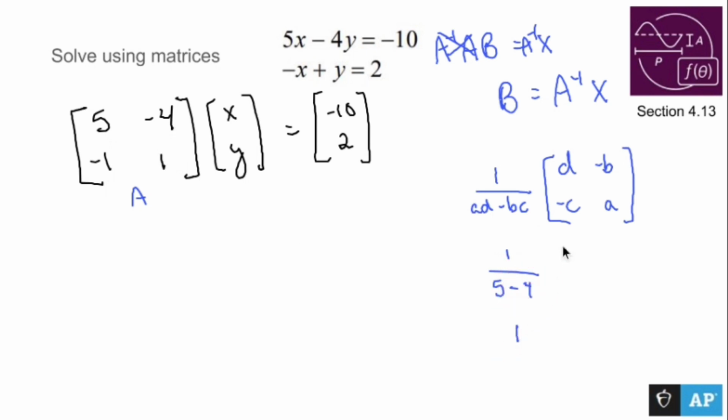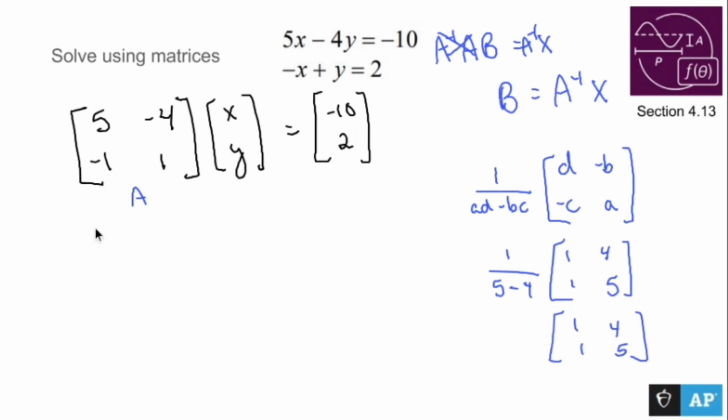Thankfully, we get 1. D is going to be 1, A is going to be 5, -4 is going to be 4, -1 is going to be 1. So 1 times 1, 4, 1, 5 is just 1, 4, 1, 5. So my inverse matrix is that guy right there.